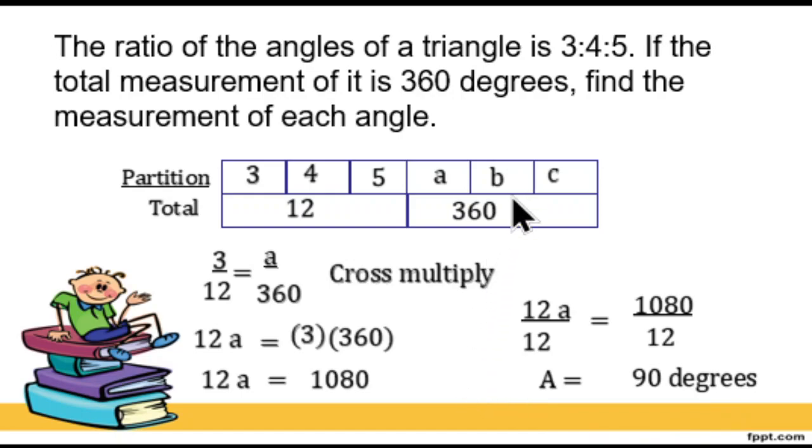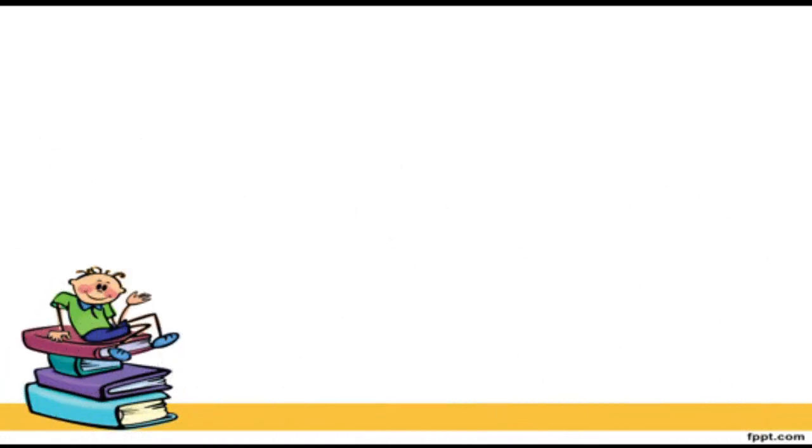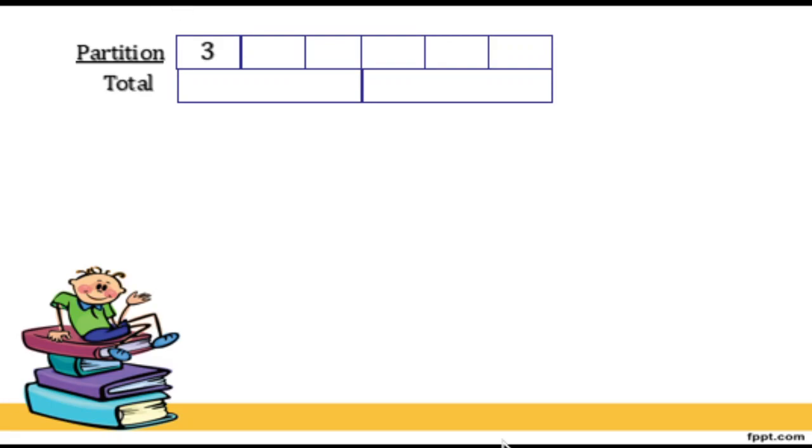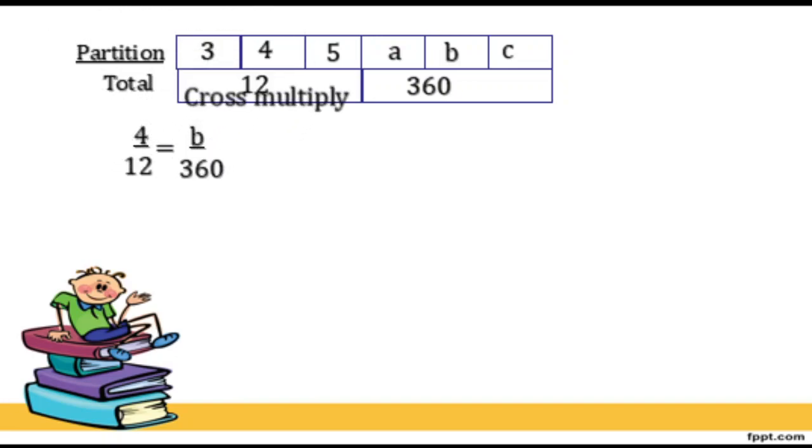Next is the B angle. Rewrite it again, 3 is to 4 is to 5. The total is 12. And then we have A, B, and C, which is equal to 360. And then write this again as a ratio. 4 over 12 is equal to B over 360. Cross multiply.